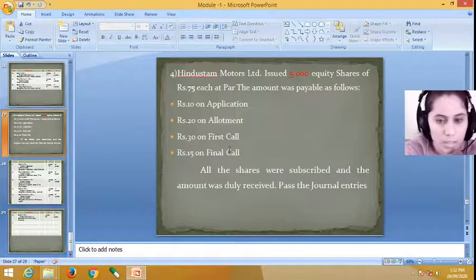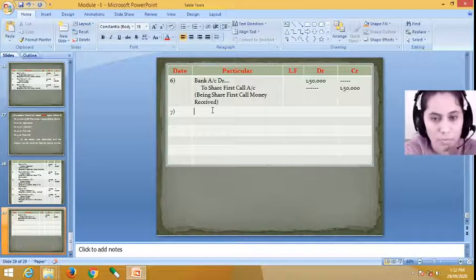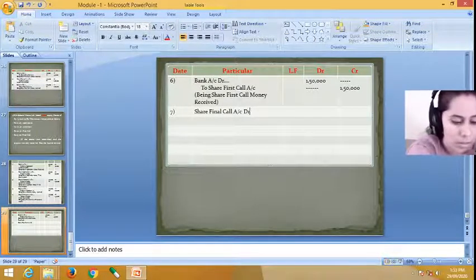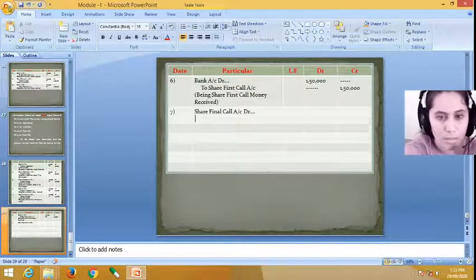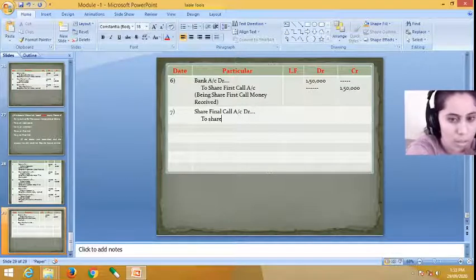The seventh entry is relating to the final call. So first record the transfer entry of the final call. Share final call account debit. Where are you transferring that money? To share capital.